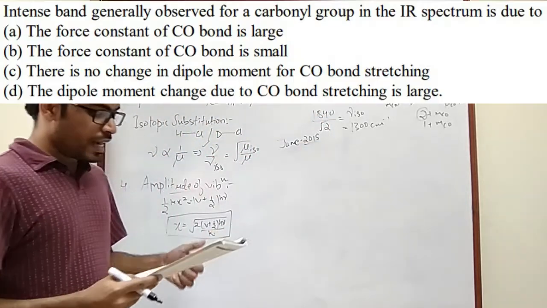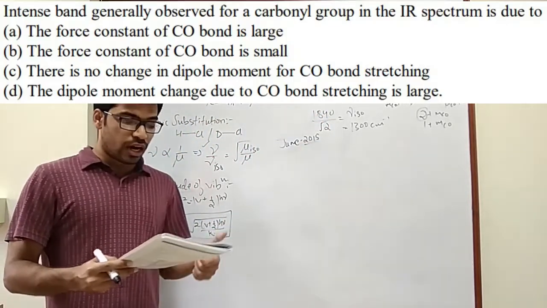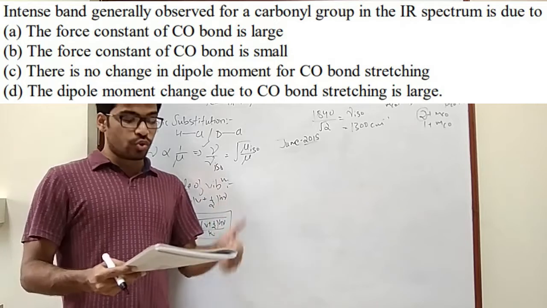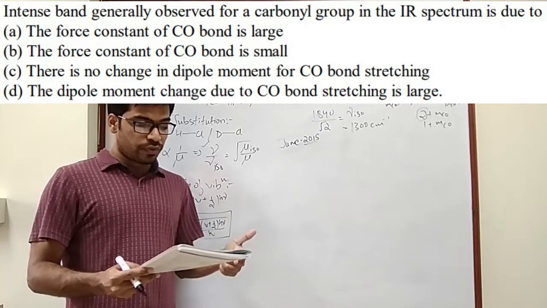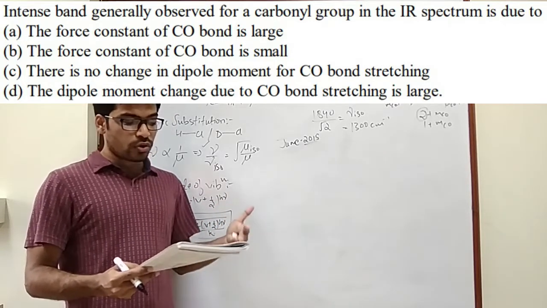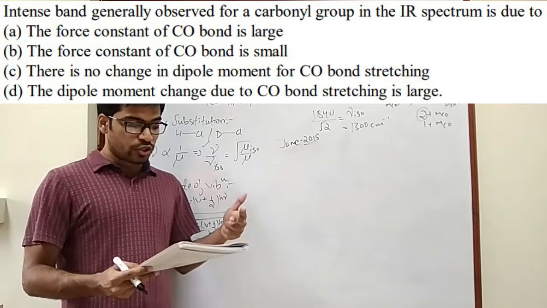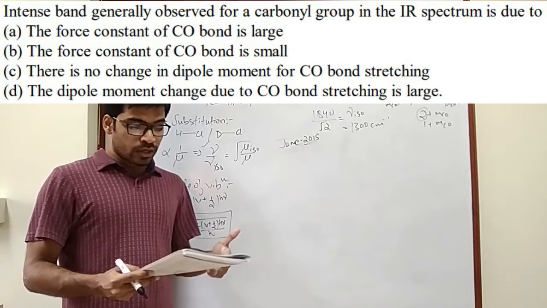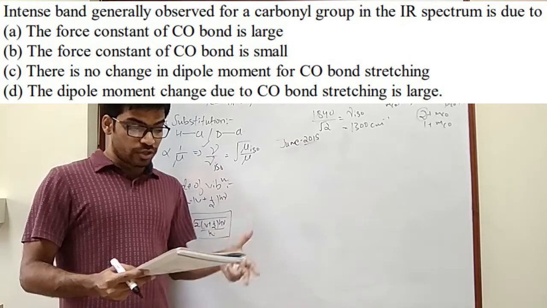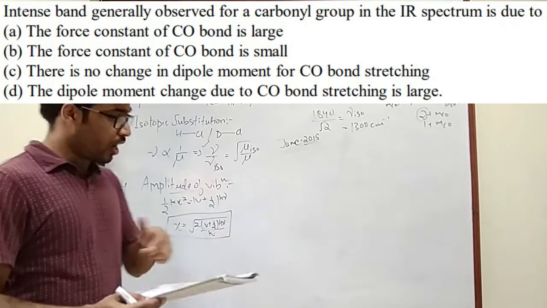Okay, so the next question we have is from June 2015. The question says, the intense band generally observed for a carbonyl stretch in the IR spectrum is due to: force constant of CO being large, force constant of CO being small, no change in the dipole moment for CO bond stretch, or the dipole moment change due to CO bond stretch is large.